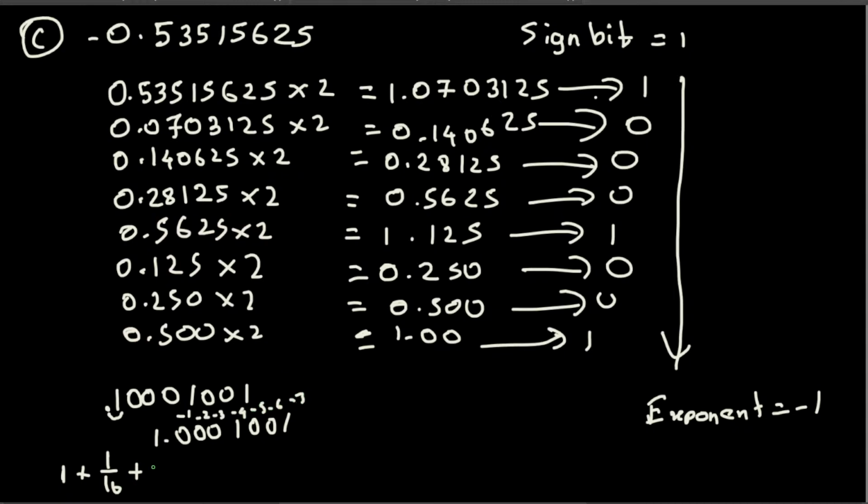We also have 1 at the -7 location, so that is equivalent to 1 over 128. And if you calculate this, that's going to give you 1.070312.